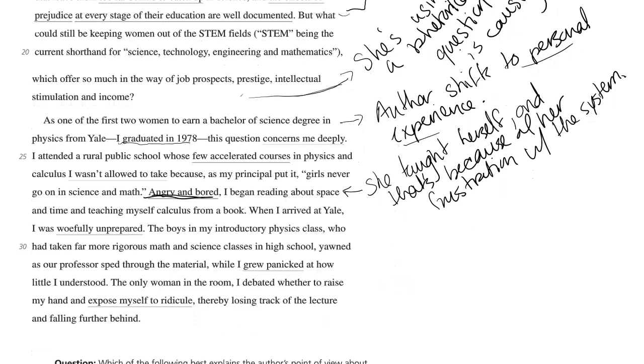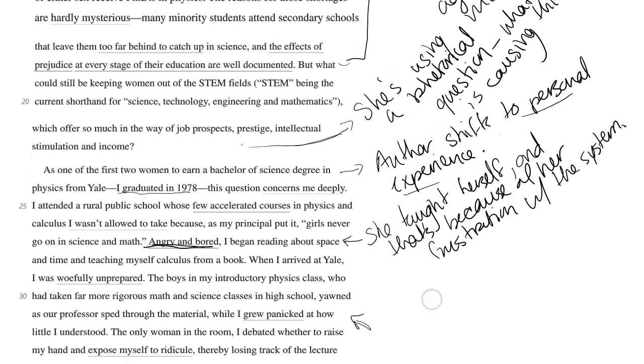"When I arrived at Yale, I was woefully unprepared. The boys in my introductory physics class, who had taken far more rigorous math and science classes in high school, yawned as our professor sped through the material, while I grew panicked at how little I understood. The only woman in the room, I debated whether to raise my hand and expose myself to ridicule, thereby losing track of the lecture and falling further behind." So she's using details to explain why she didn't advance as quickly as her male peers.